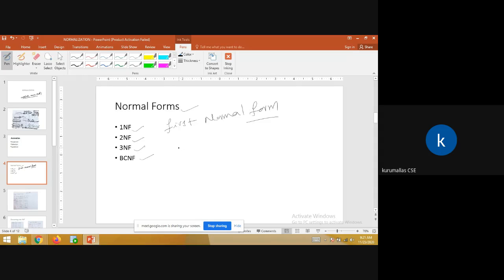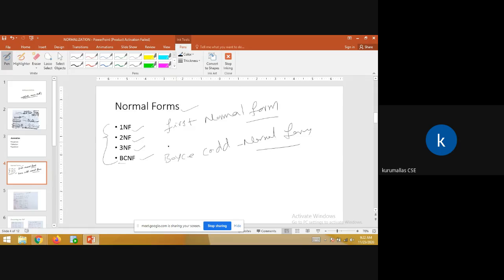In the examination, there may be a chance to ask 1NF for first normal form, 2NF for second normal form, 3NF for third normal form, and BCNF, which is Boyce-Codd normal form. So these are the four types of normal forms in normalization techniques.